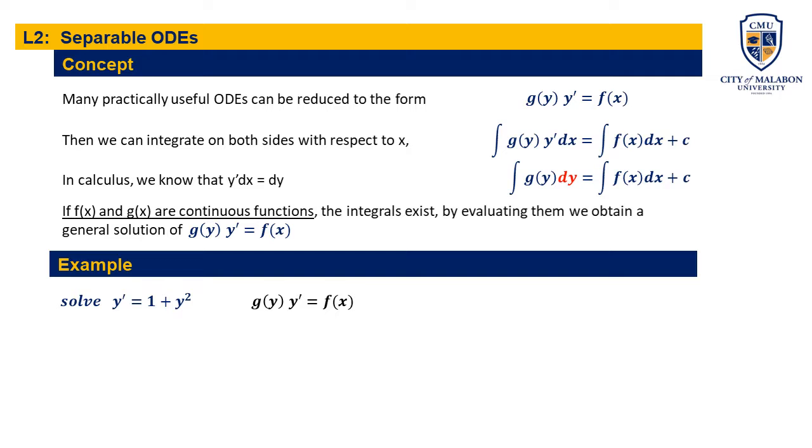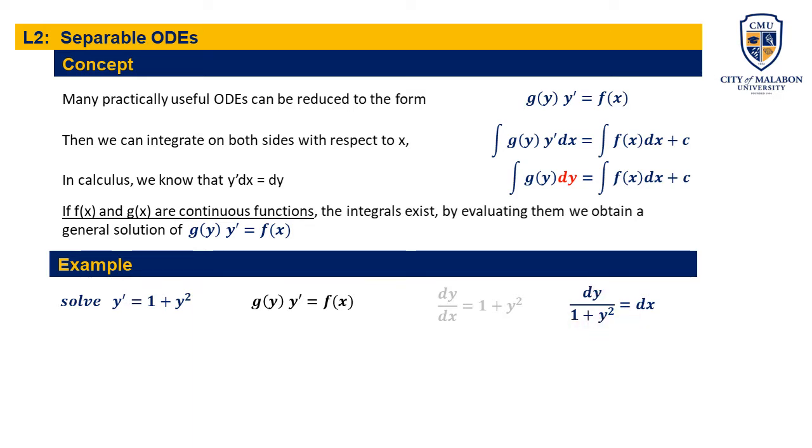So we know that y prime can be written in the form dy dx is equal to 1 plus y squared. Okay, so rearranging the expressions in this equation, we then have dy over 1 plus y squared is equal to dx.